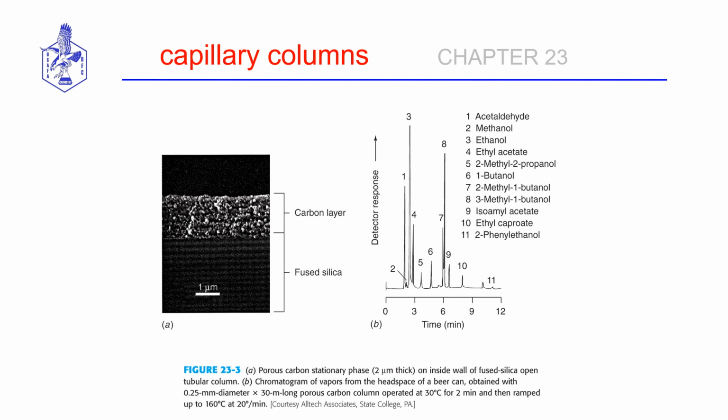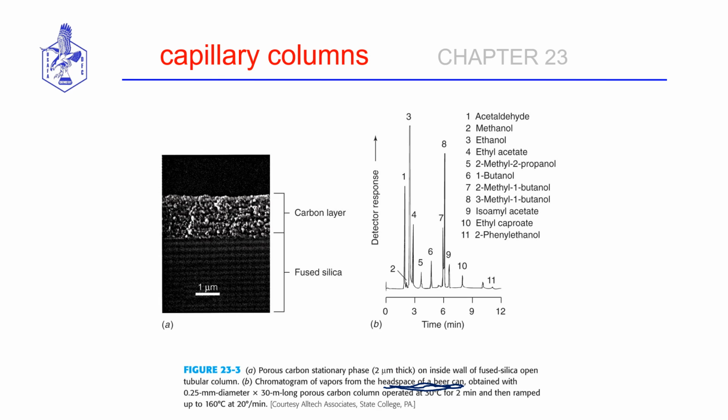Just to illustrate the effectiveness of capillary columns for a real-world application, you're looking at the chromatogram that results from the analysis of the gaseous components in what we call the headspace of a beer can.